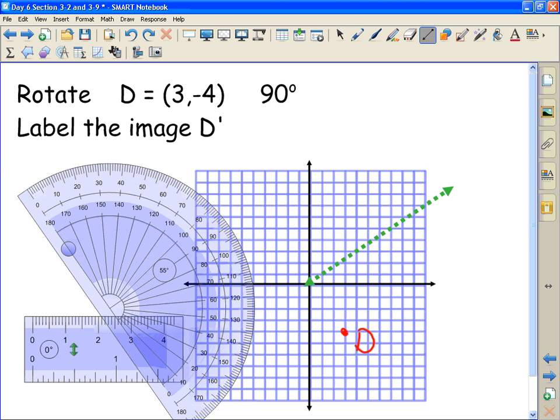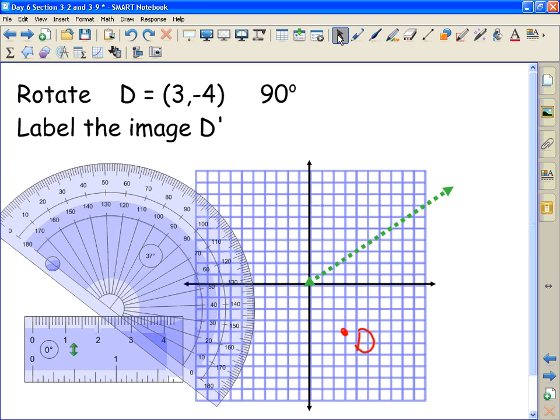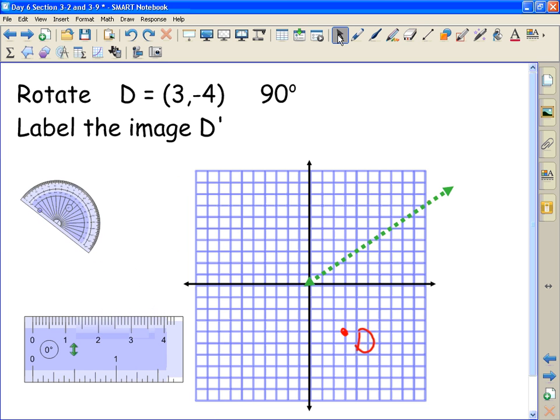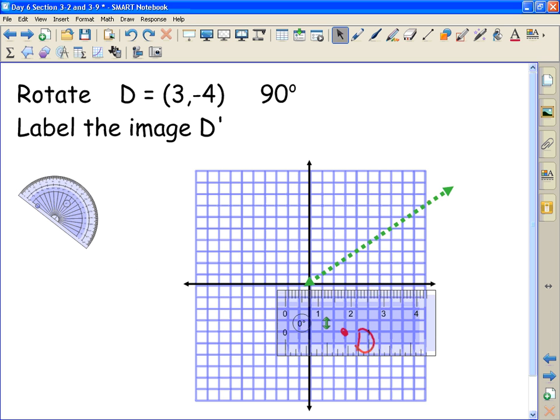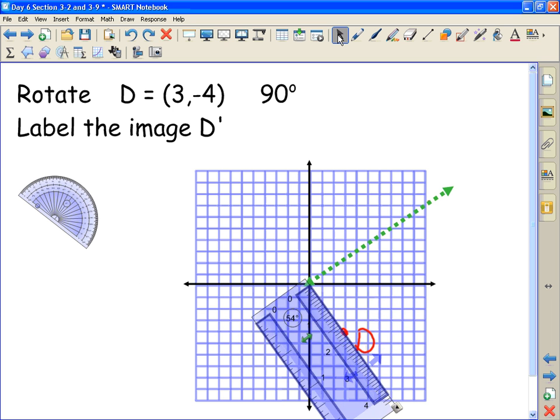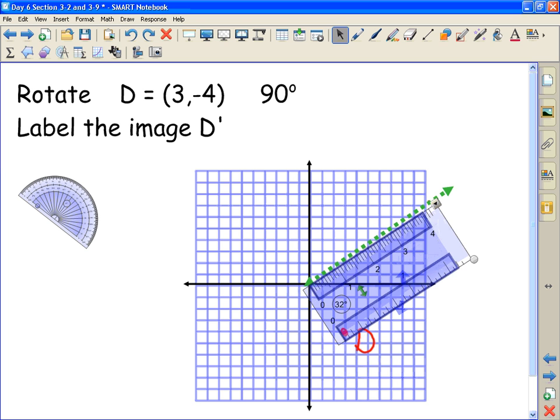What I need to do is determine how far away it is. I'm going to measure how far it is away. When I measure, I have about 1.7 centimeters. So therefore, I'm going to find the point on my green line that's 1.7 centimeters away. Right there.